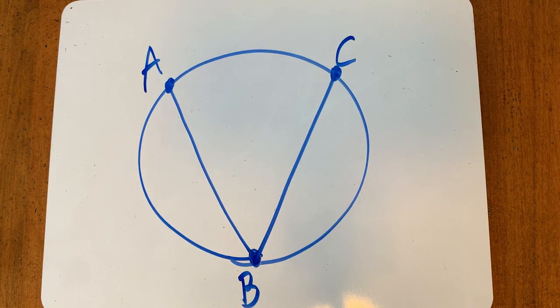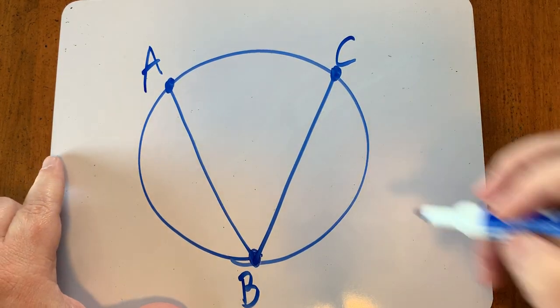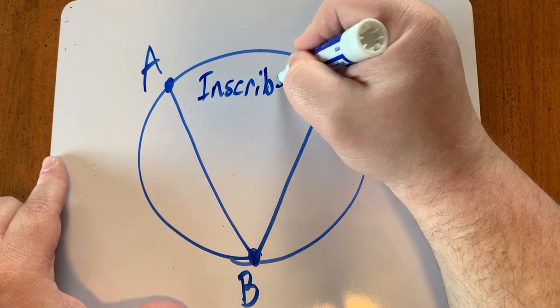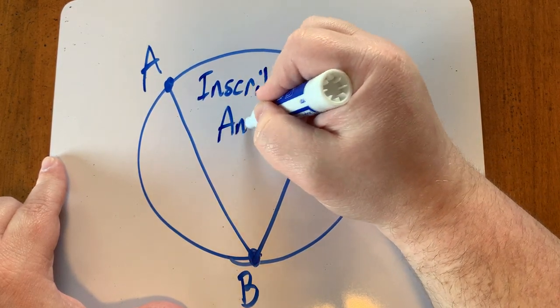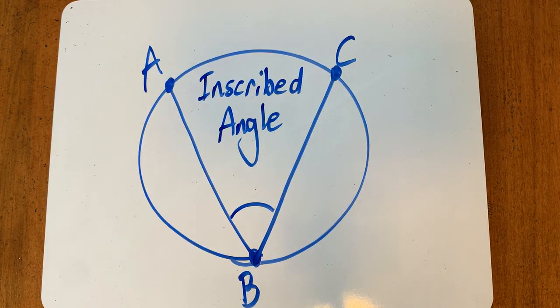If 2 chords intersect on the circle, the angle that they form is called an inscribed angle. So in our case here, angle ABC is an inscribed angle, which means that its vertex is on the circle and that the 2 sides are 2 chords of that same circle. So angle ABC is an inscribed angle.